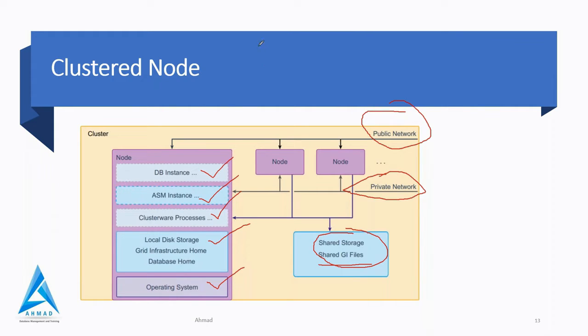Clear? So suppose I want to configure two nodes for this class or training, we require two virtual machines, right? And in the two virtual machines, first you will install the operating system. The operating system version will be the same, but you have to install it on both machines.